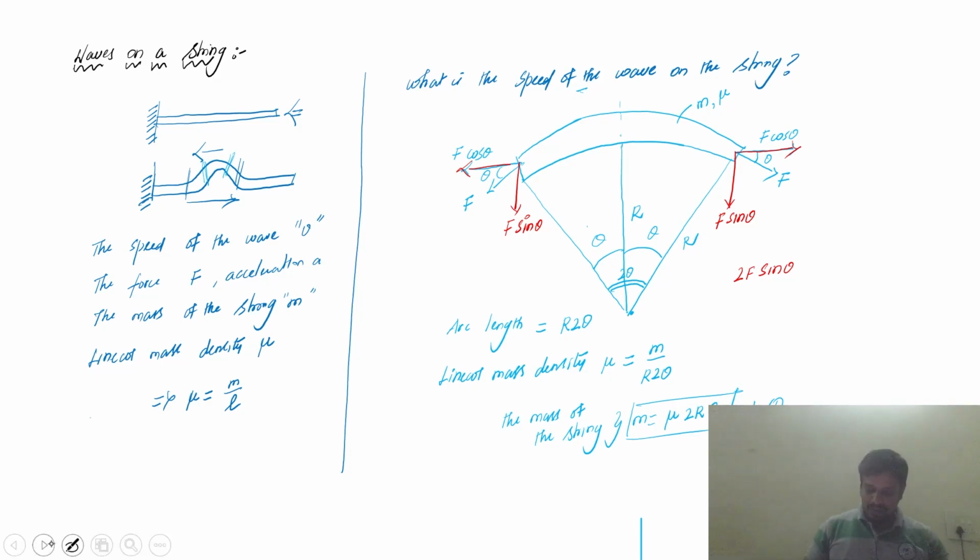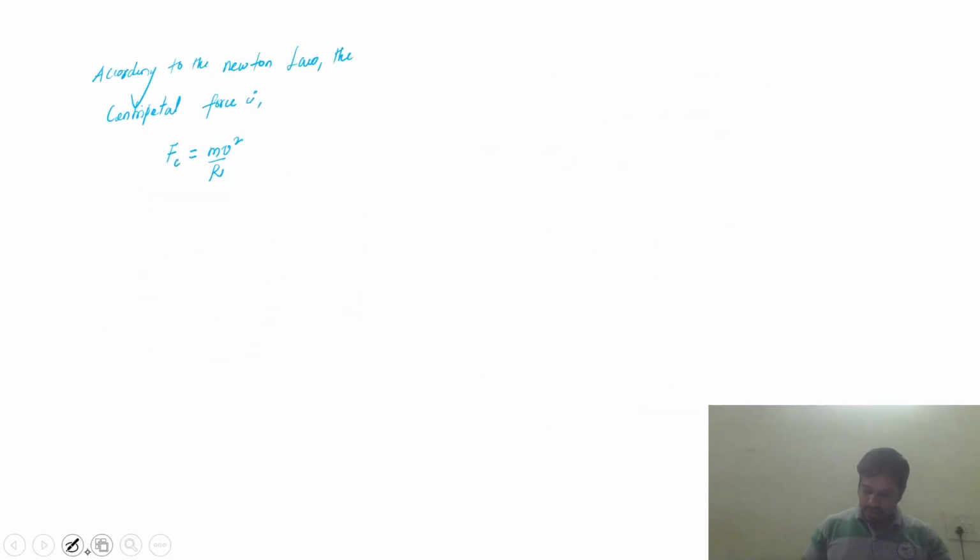So the net downward force acting towards the center of the string of small curvature is 2F sin theta.